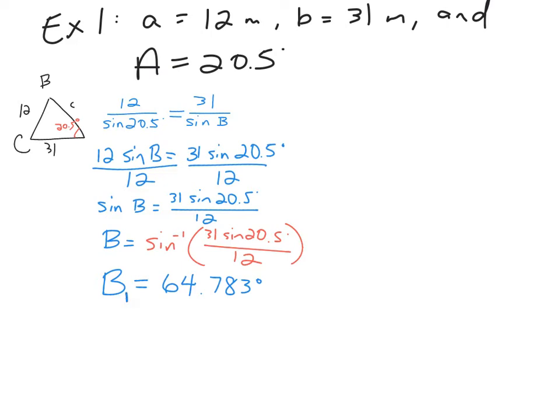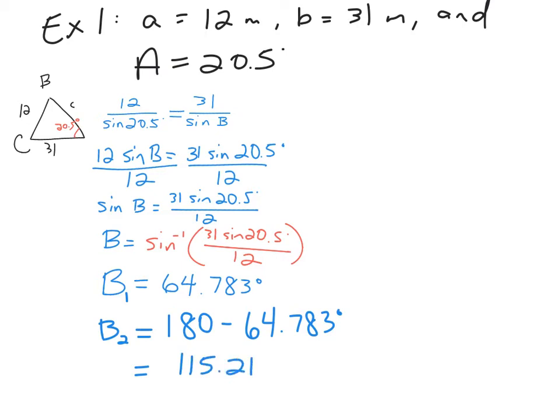But there's actually a second possibility for angle B, and the way we're going to find that is by doing the supplement of the first angle that we just discovered. And that's going to give us the second possibility for angle B, or in other words, 115.217 degrees.